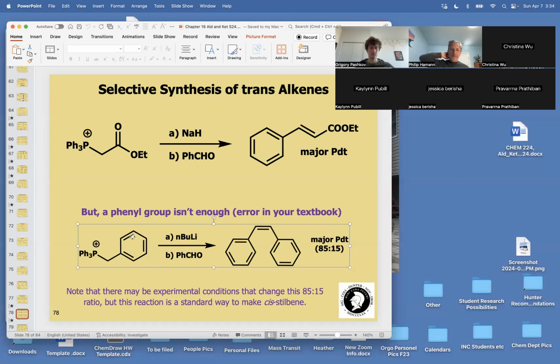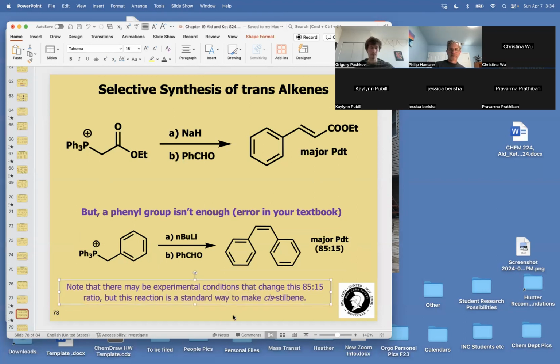Again, I put a disclaimer at the bottom of the slide, because maybe they have a reference where it does switch, but that's just not the standard thing. A phenyl doesn't stabilize a negative charge anywhere like an ester does. Esters are much, much better.